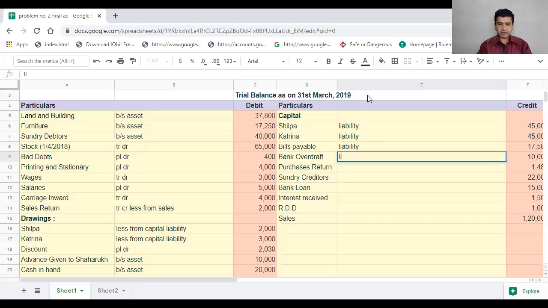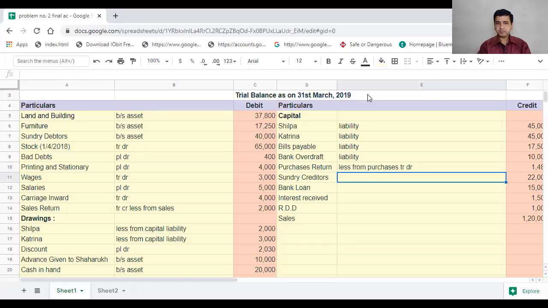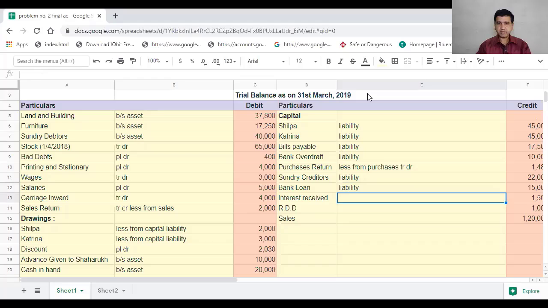Bank overdraft, liability. Purchase return, it is a less from purchases, trading debit. Sundry creditors, liability. Bank loan, liability. Interest received, it is given on the credit side, so it goes to profit and loss credit.